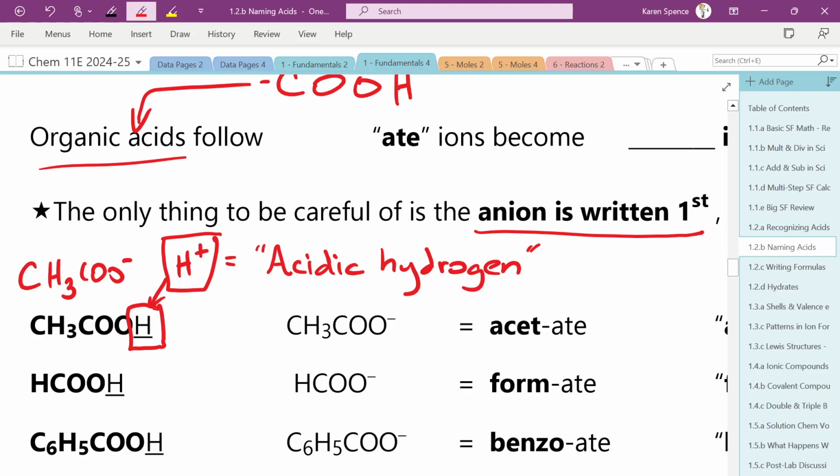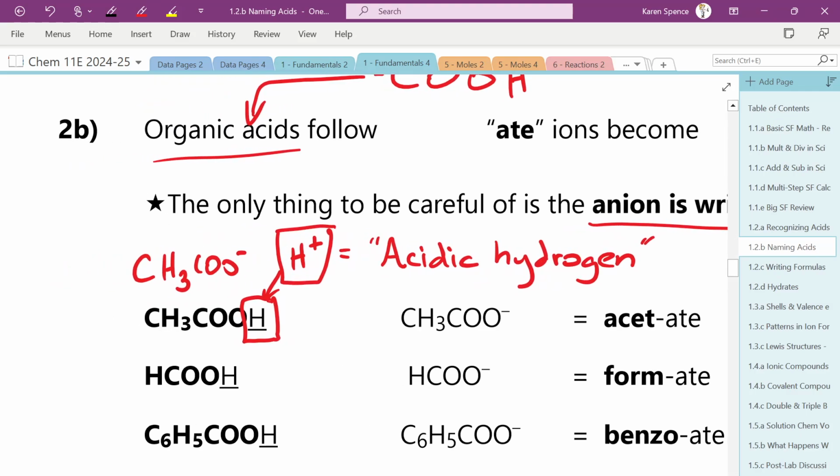And this hydrogen right here, that is what we call the acidic hydrogen, because it's the one that will get out into the water and make things taste sour. Did you guys know that acids taste sour? Okay, good. It's the one that will come off in water and will eat through metal, because acids corrode metal. These hydrogens on the CH3 are non-acidic hydrogens.